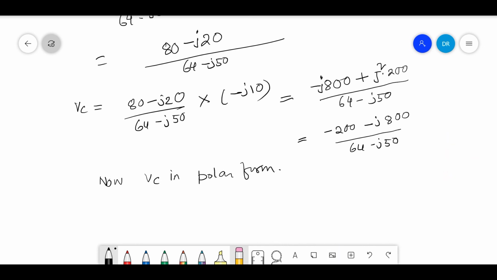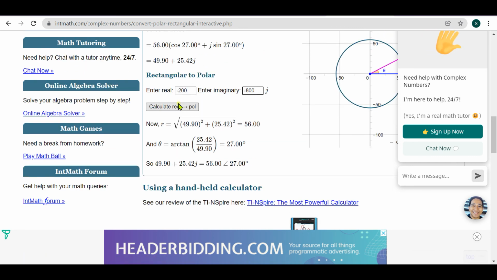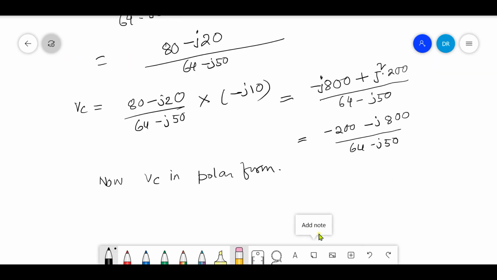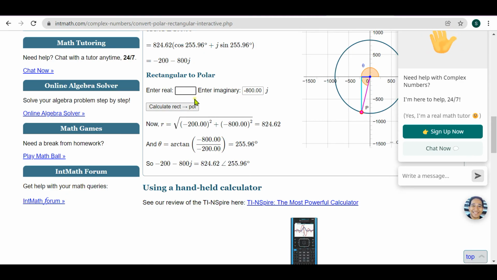In polar form, we will find it by using a calculator. Here I have used one website. You can see I am putting in the value of rectangular form, and we get minus 200 minus j800 is equal to 824 angle 255 degrees.